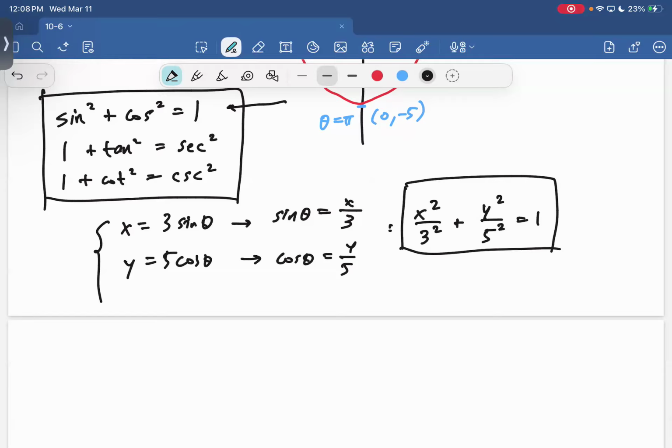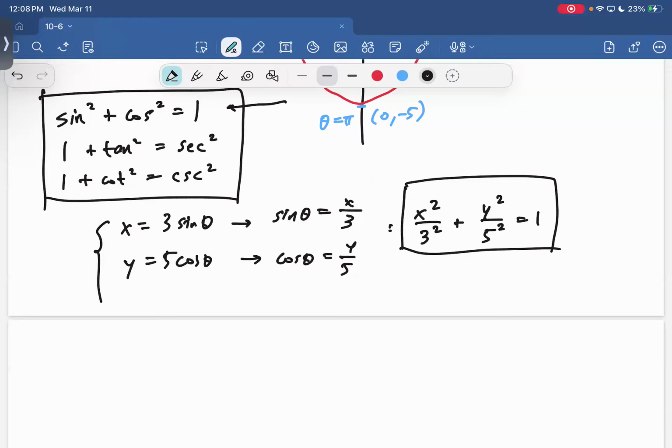I was just demonstrating that it's an ellipse. It's a demonstration. You don't have to do it this way. Yes, you have to graph it using some method, either by plugging in values of theta or by getting the equation first and then deducing that it's an ellipse.